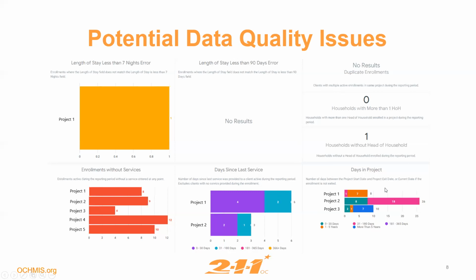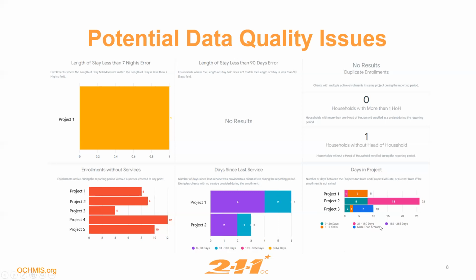And then the last chart, again, depends on how your project runs. This is just looking at how many days they were in the project. So number of days between the project start date and the project exit date, or the current date if they're not exited. And you can see the date ranges again.